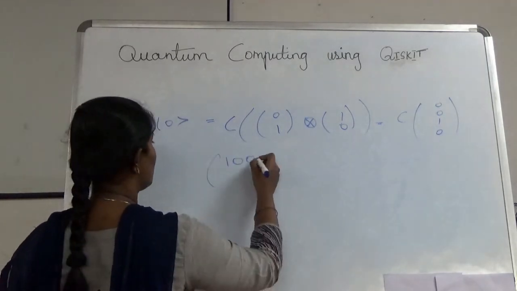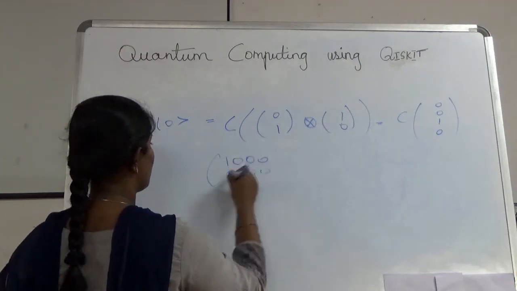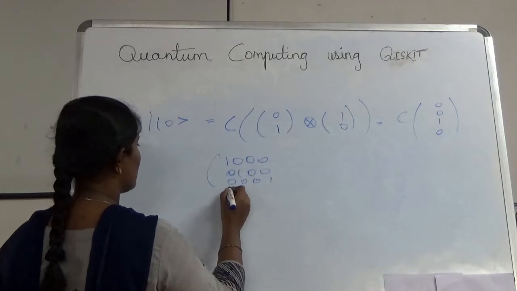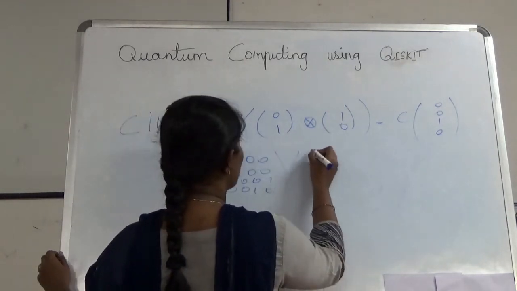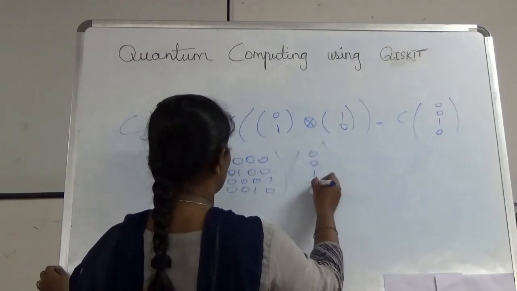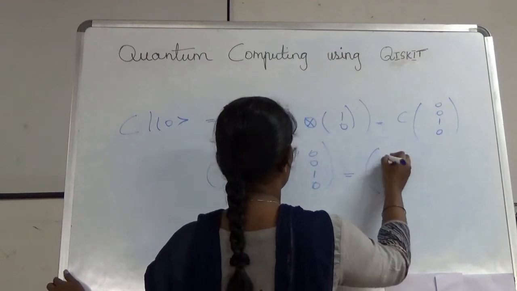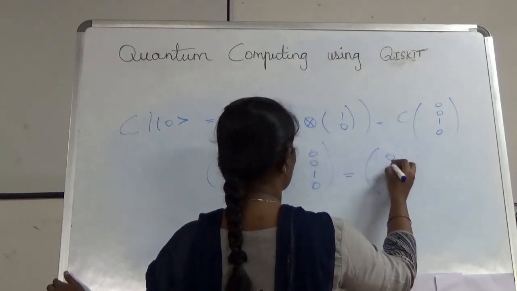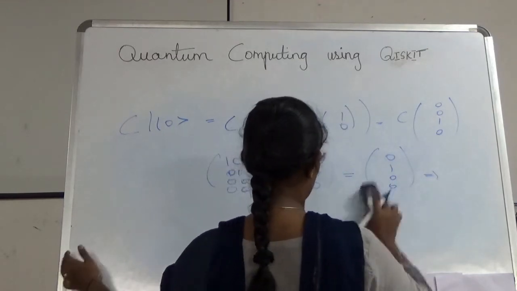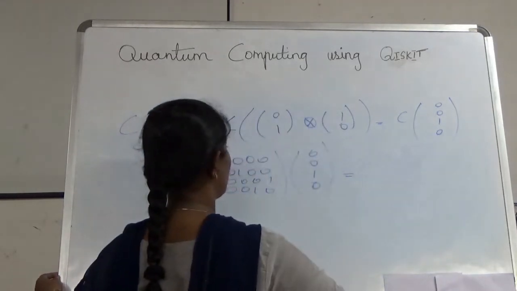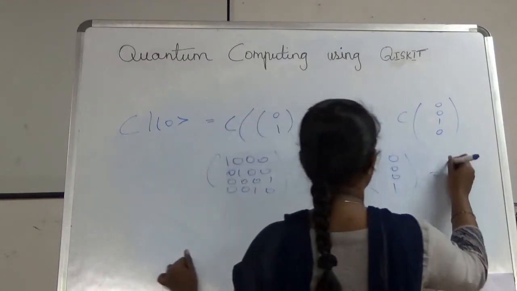Applying this matrix to the vector gives us 0 1 0 0, which gives us 0 0 0 1.